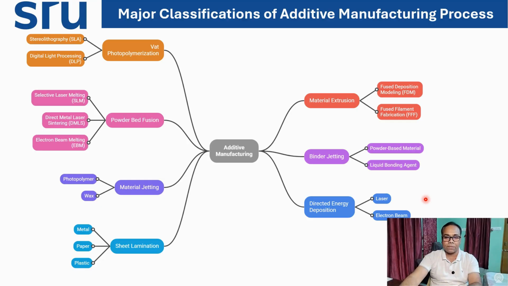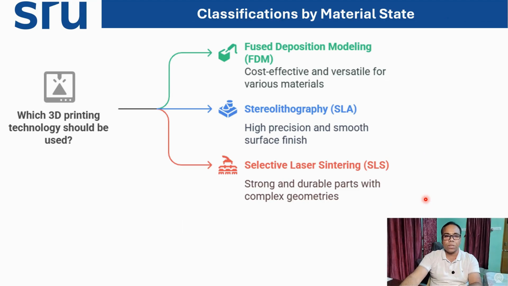Now coming to the classification based on the material state, meaning the type of material, whether it is a liquid material, solid filament based material, or powder based material. Accordingly, the classification is done.